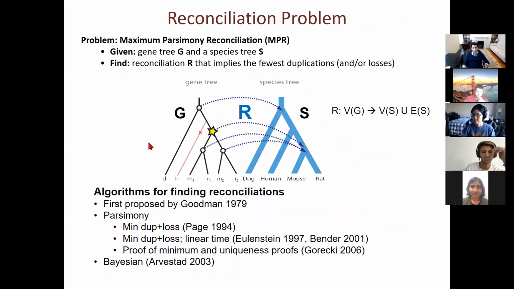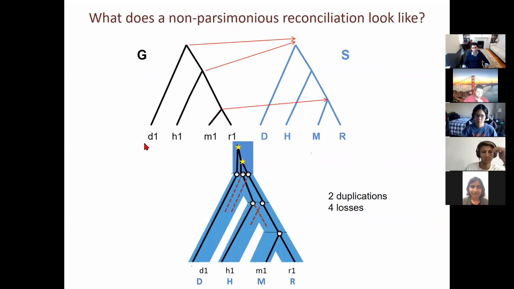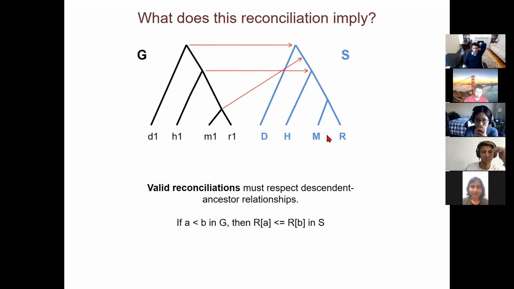We're talking about the reconciliation R that implies the fewest duplication and loss events. So even if dog, human, mouse, rat are in fact congruent between the two trees, if I incorrectly reconcile the human branch up here, then I will infer 2 duplications or 4 loss events, even though my gene tree is correct. So that's why it's important to have a correct reconciliation.